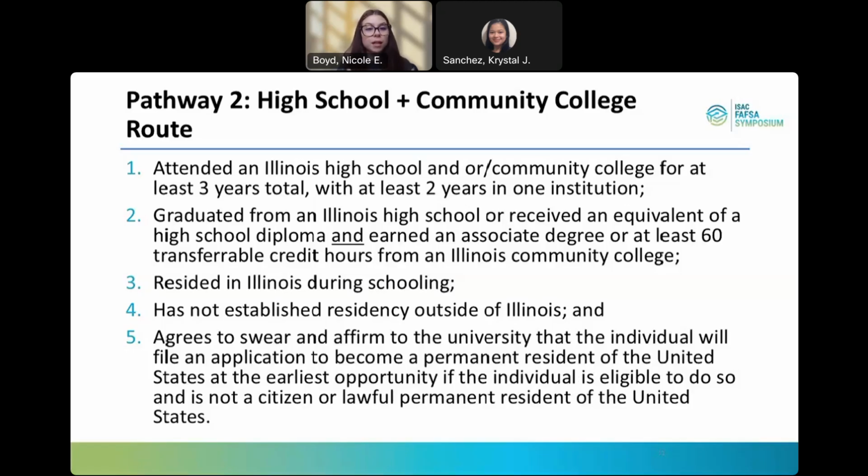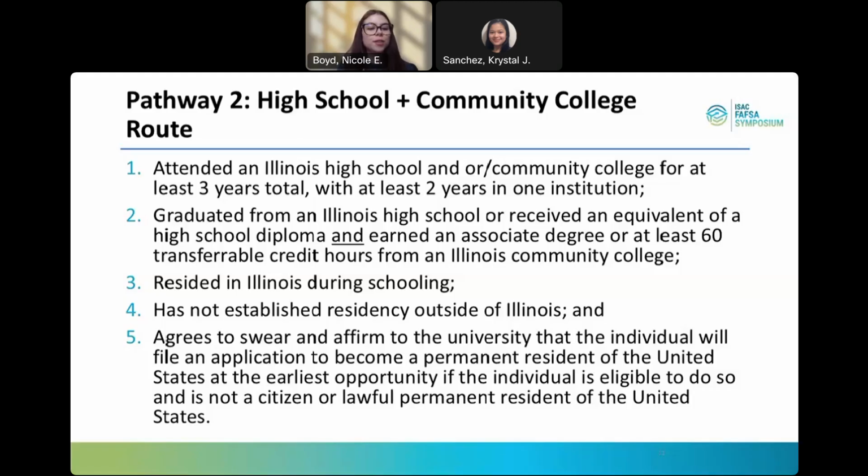So for example, if you have a student who has gone to high school in Illinois for 1 year, so they would not meet the criteria for Pathway 1, but then let's say that they go to community college in Illinois for 2 years to get their associate's degree. If they want to go on and get their bachelor's degree in Illinois, then they could use Pathway 2 to apply for the MAP grant to be able to pay for that education.